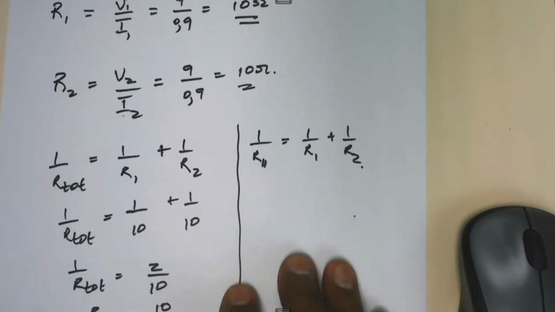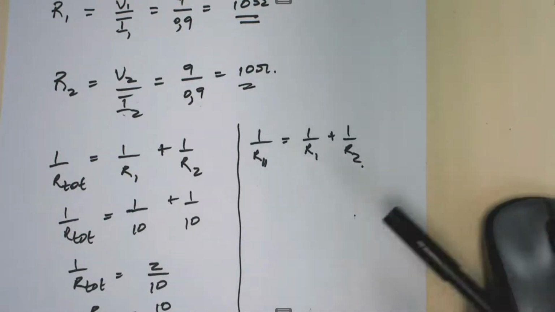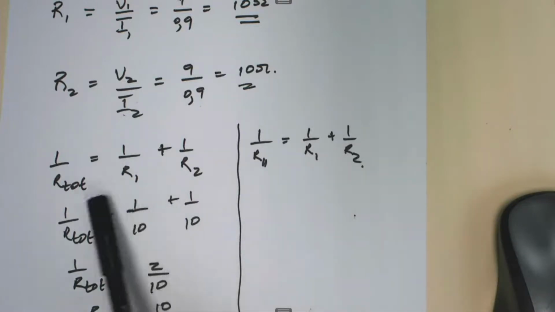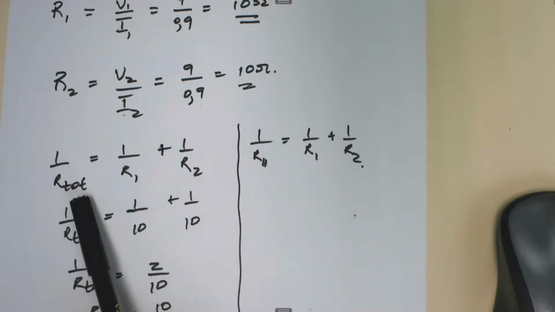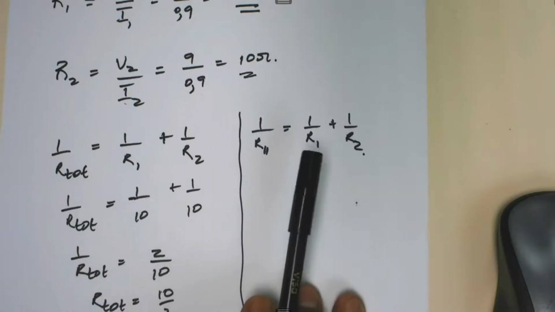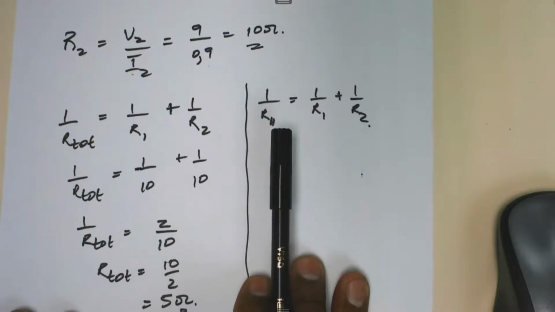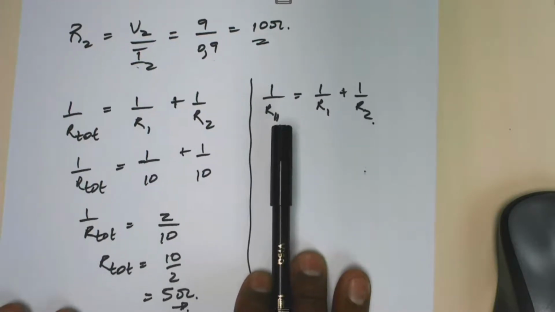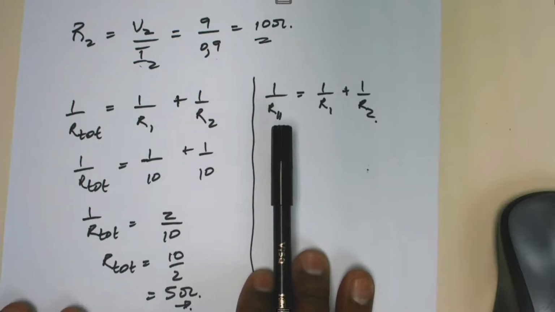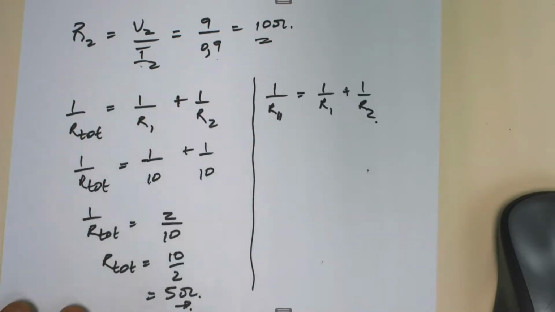By now you'll probably know that to get the total resistance of parallel resistors, sometimes instead of referring to it as total resistance, we refer to it as equivalent resistance. In other words, what do we mean by equivalent resistance?